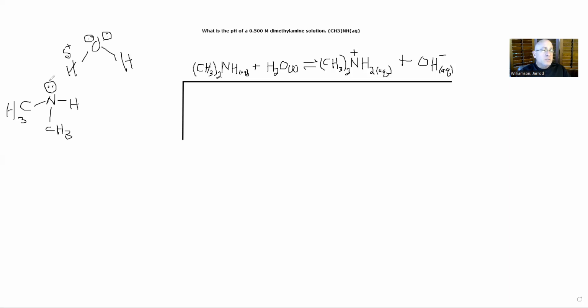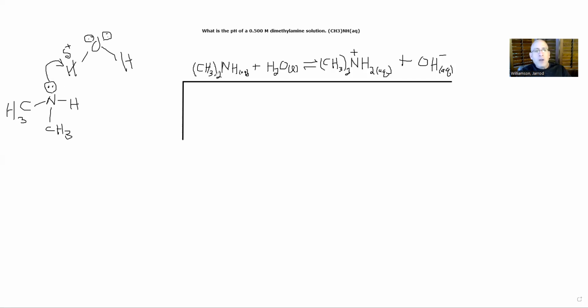This lone pair of electrons is attracted to that hydrogen, and that hydrogen jumps onto that lone pair of electrons.